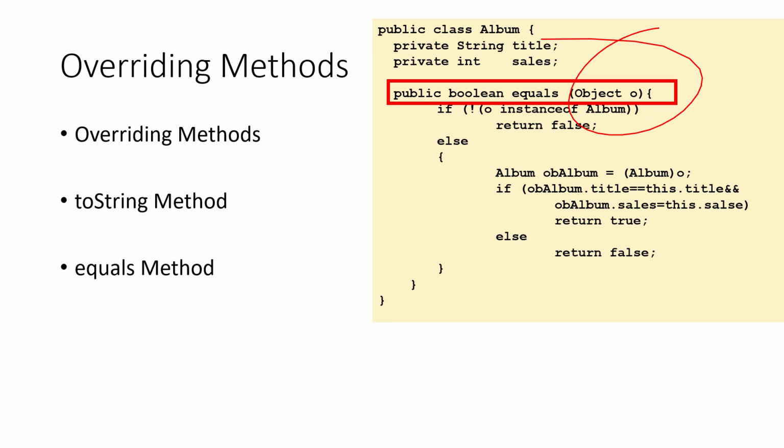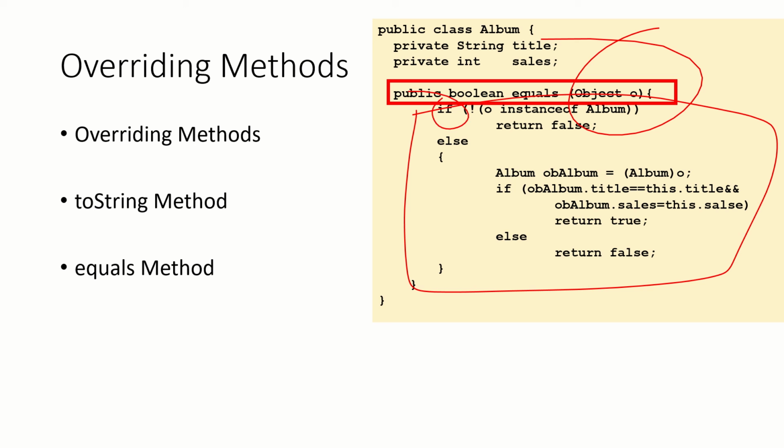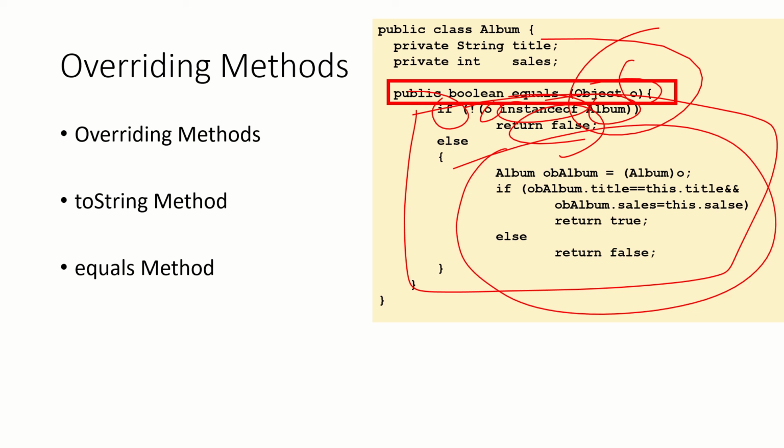This method has a format that is very easy to follow. First, the keyword instanceof: we check whether this object O is an instance of Album. If it's not, we return false. If it is, we try to compare whether they are equal.